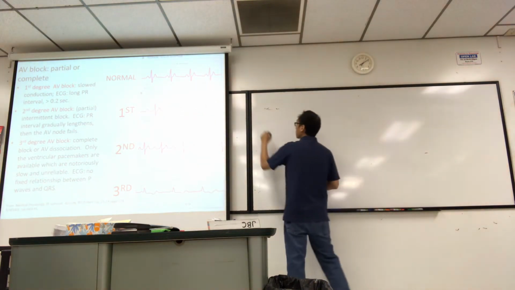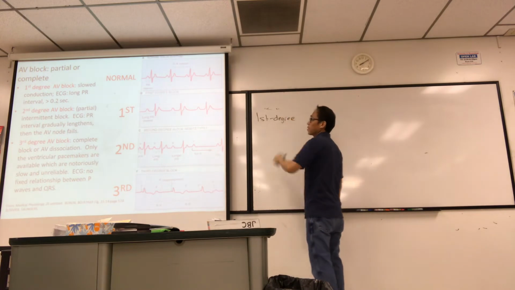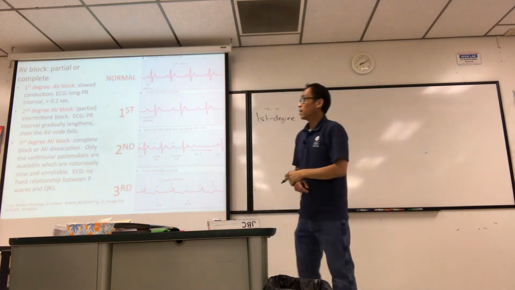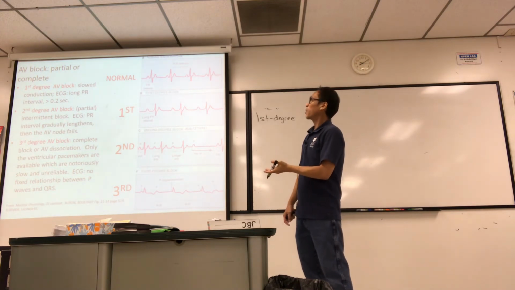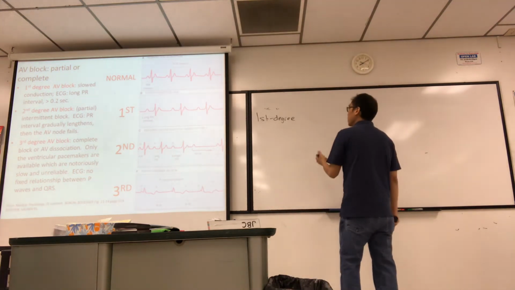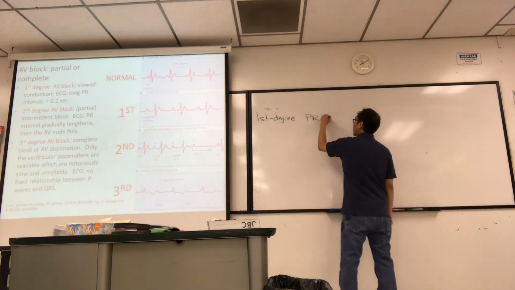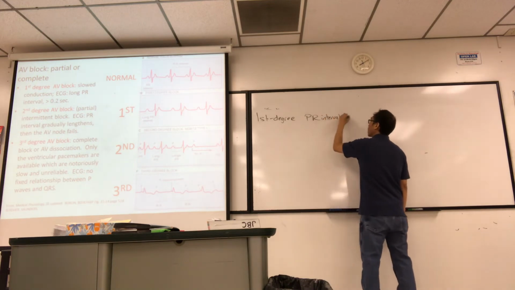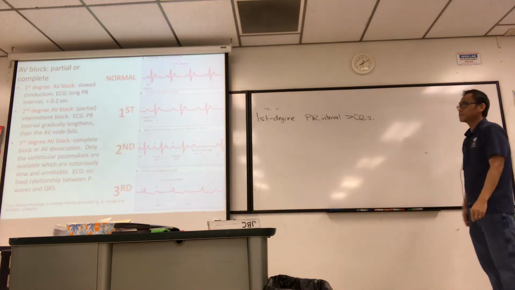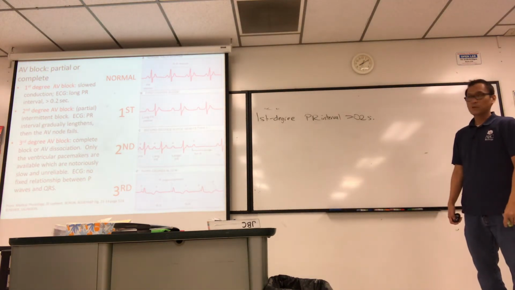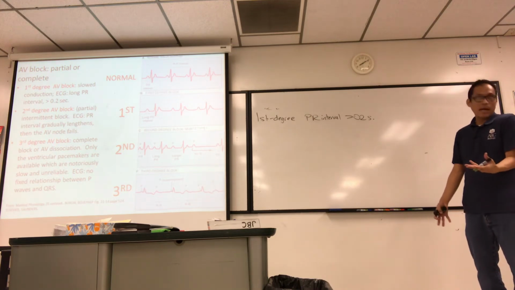First degree heart block is when the PR interval is just too long, greater than 0.2 seconds. That's the definition of a first degree block. The signal's still getting down, it's just taking a little longer than you would like.